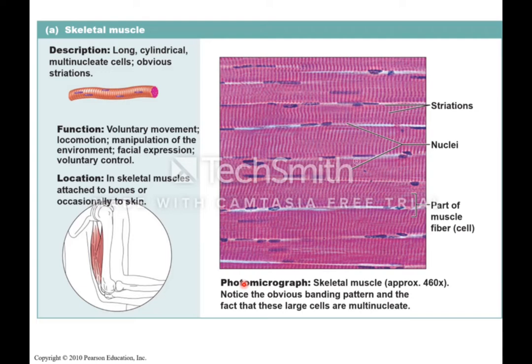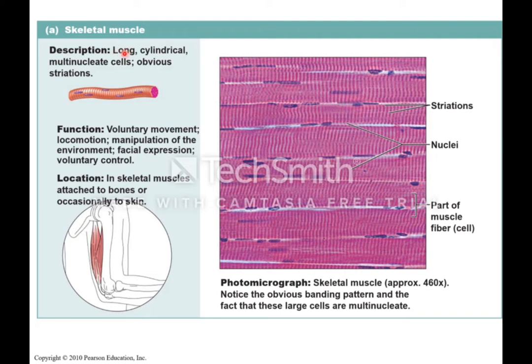At first, I want to explain about the skeletal muscle or striated muscle. Skeletal muscle is named because most of them are attached to the bones, and also because under the microscope they have striation, so it is named striated muscle.